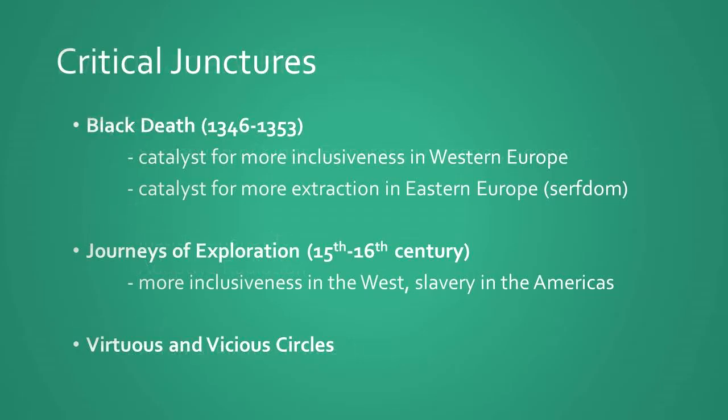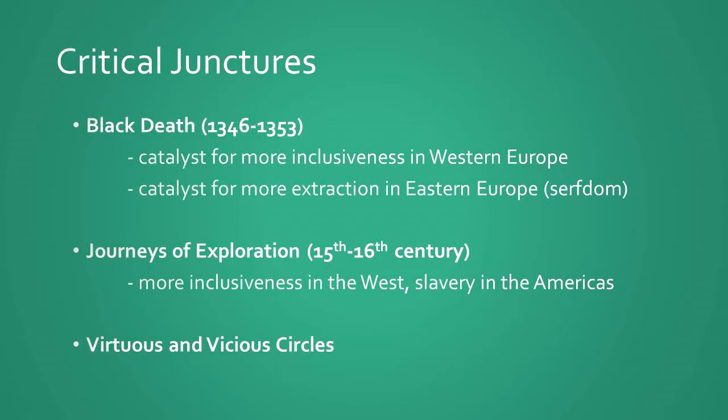One very important one was the Black Death, 1346 to 1353, when about a third of the population of Europe was killed, caused by the plague. They claim that was a very defining moment in European history because it acted as a critical juncture, meaning that states that were only slightly different beforehand went on different paths afterwards.